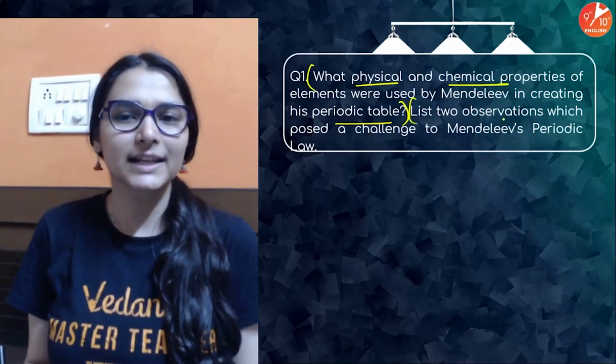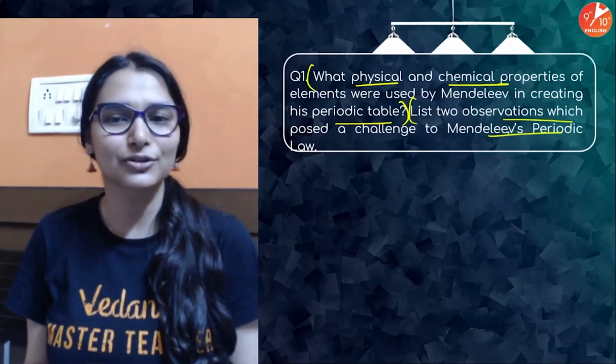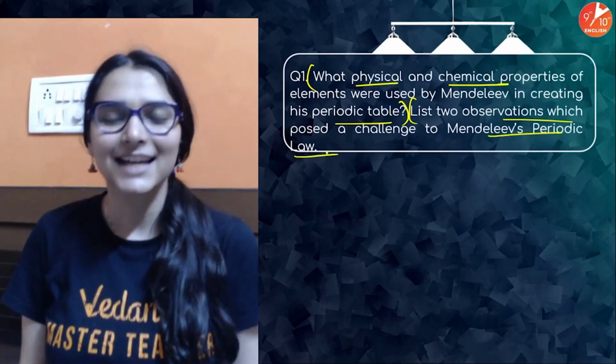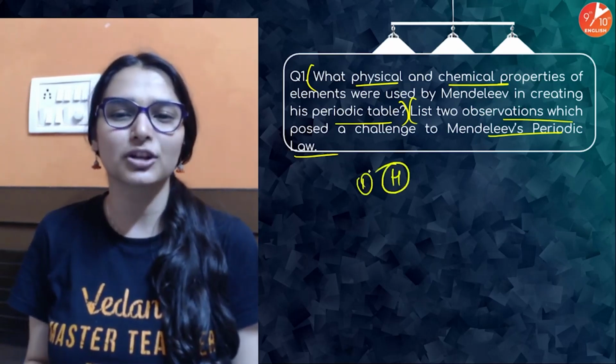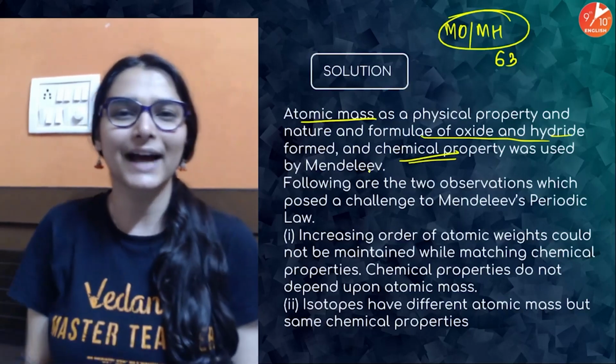Second point: list 2 observations which posed a challenge to Mendeleev's periodic law. Okay, so there were a lot of challenges. First one, you can say, the position of hydrogen was challenging. He did not give any place to hydrogen.